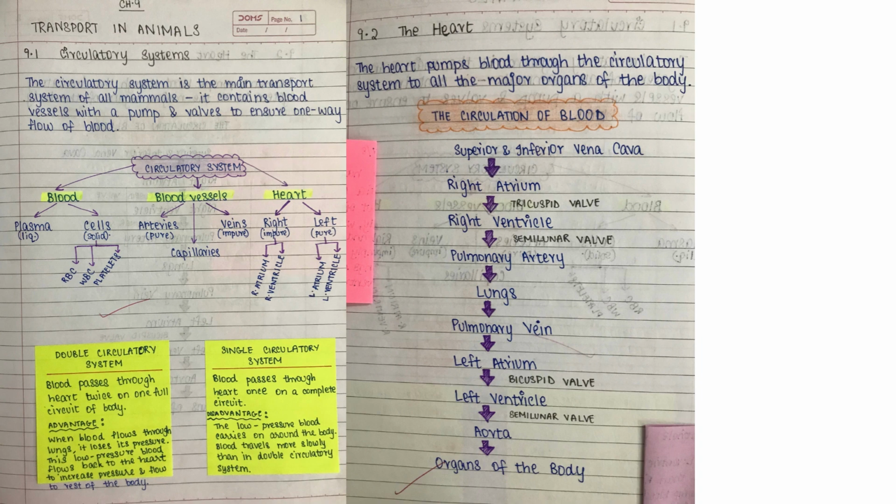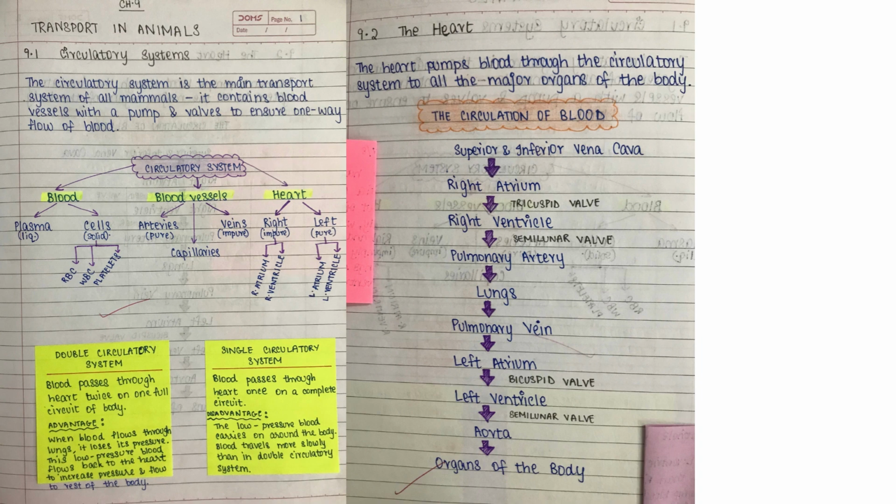And in the second circuit, the heart pumps oxygenated blood around to all other parts of the body to deliver oxygen to the body cells. And then the deoxygenated blood returns back to the heart. So mammals have a double circulatory system. Fish have a single circulatory system, which means that the blood passes through the heart only once on a complete circuit.